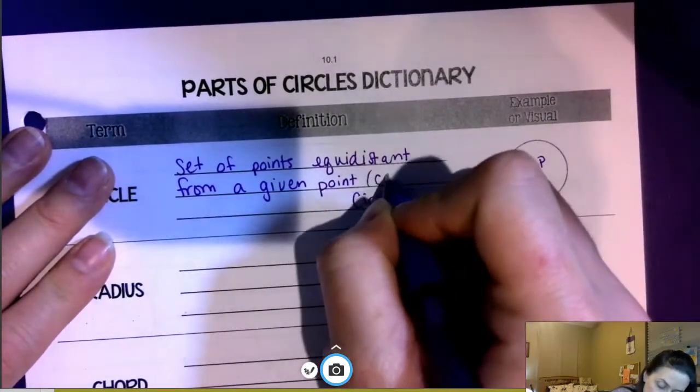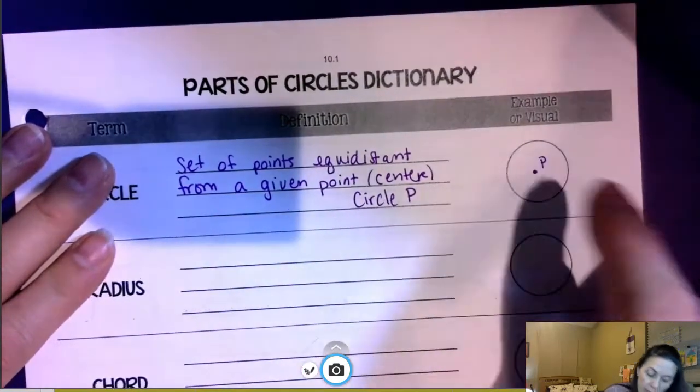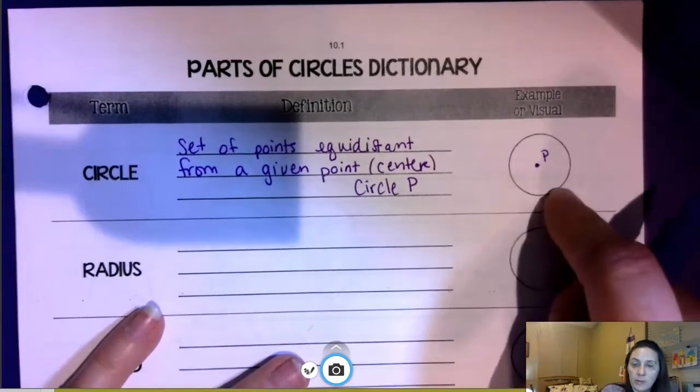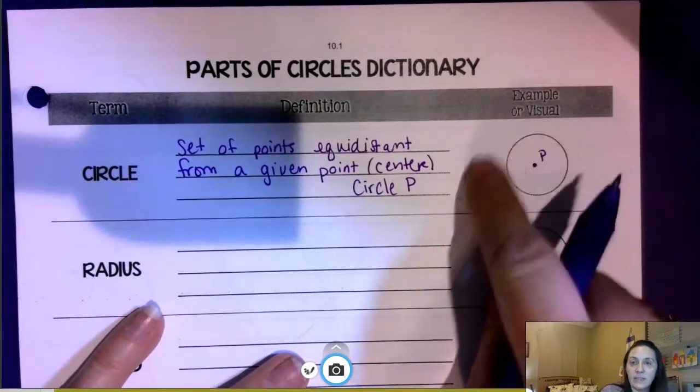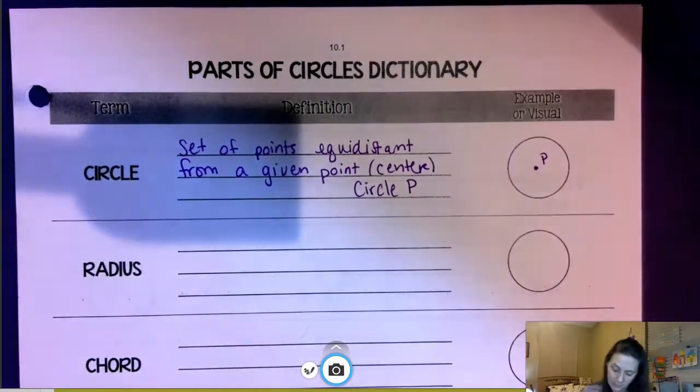That given point is the center. So over here, if this is the center, all the points that are equal distance from that point is what we would call circle P.